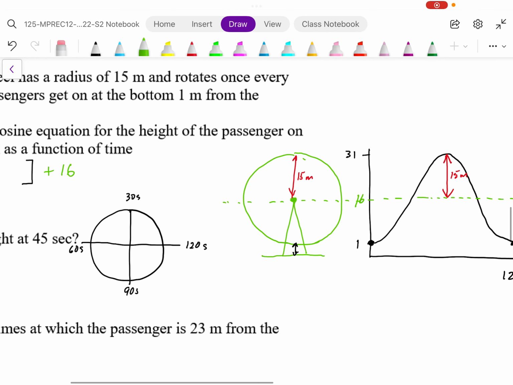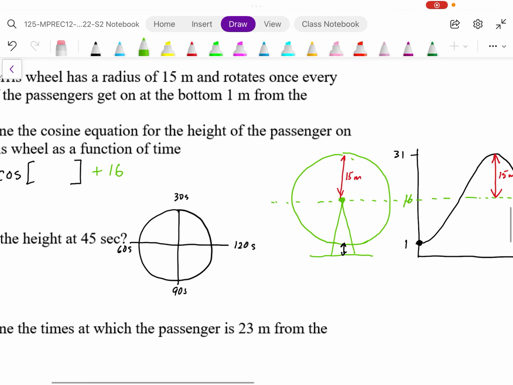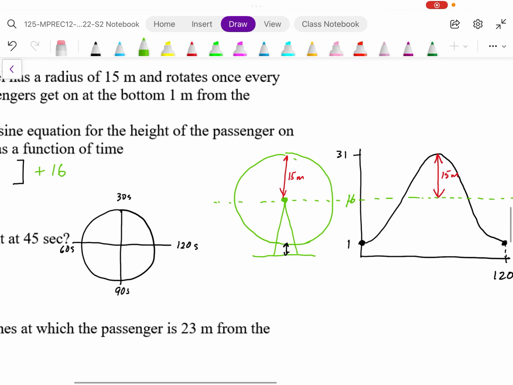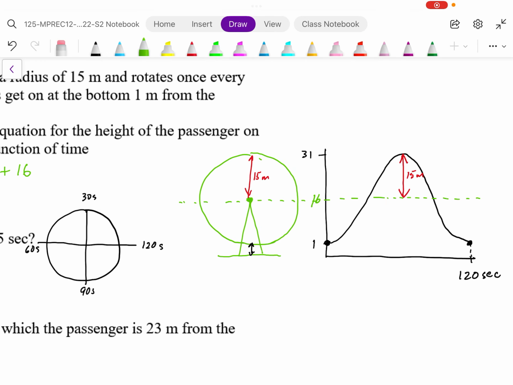Okay? So now I have to figure out the horizontal shift. Well, in this case, the horizontal shift is going to be 0 because I'm starting at the bottom, which is at 0 time. I'm at the very bottom. My period is going to be 120 seconds. So this represents one period, and the t is 120 seconds.